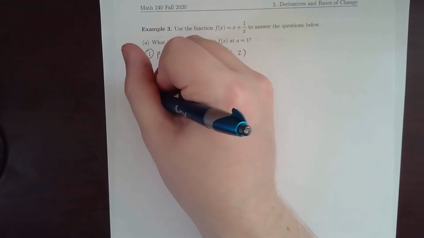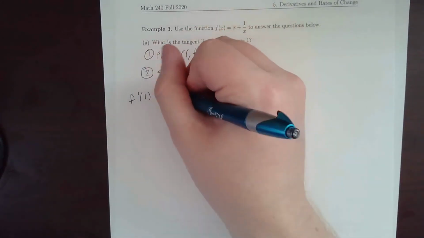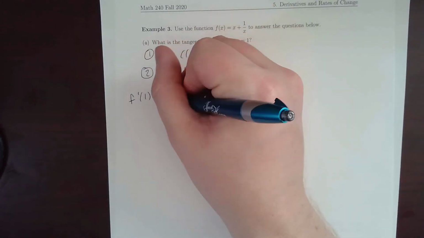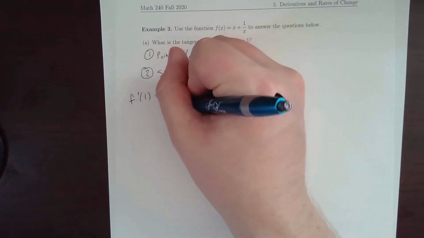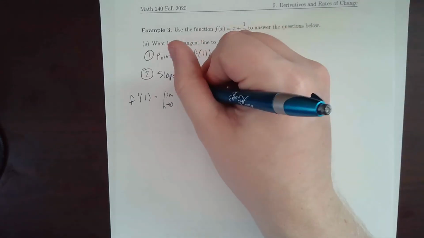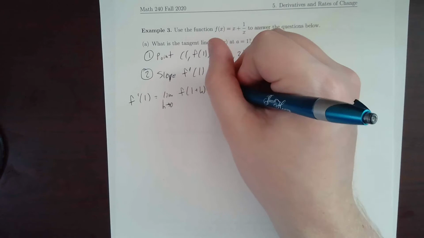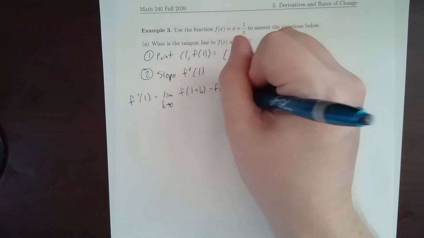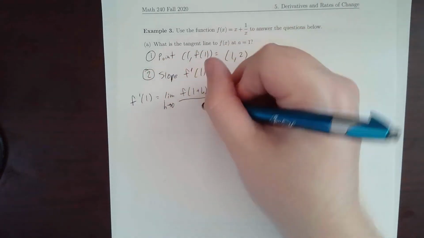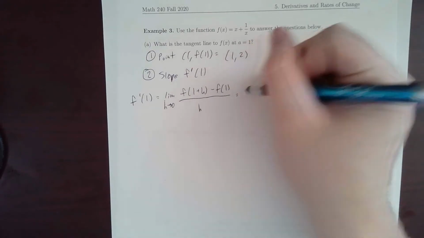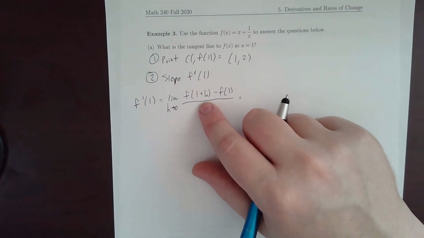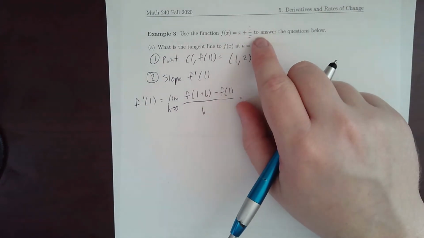Okay, so say we want to find this f prime of 1. In order to find f prime of 1, we're going to use the limit as h approaches 0 definition again. This will be the limit as h approaches 0 of f of 1 plus h minus f of 1 all over h. And so all we're doing is we're taking 1 plus h and plugging it in anywhere we see an x.